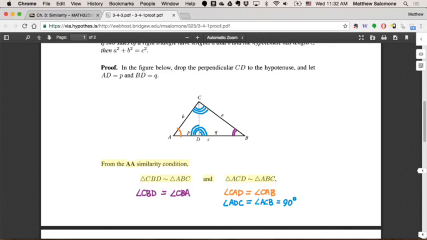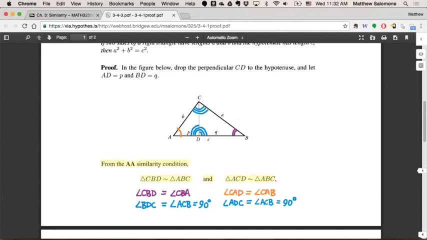And so there's our pair of angles that we can use for our AA criterion for ACD, similar to ABC. And then that very same argument, using the right angle in our original big triangle, which exists by construction, is congruent now to the right angle BDC in our other subtriangle, which gives us AA similarity for that pair of triangles.